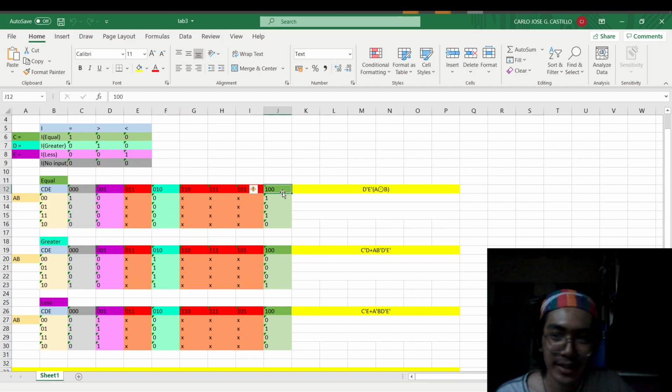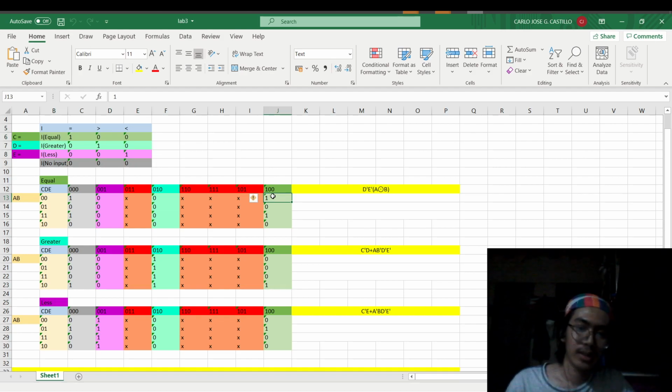And then for the lime green right here, or the green, where the output from the previous comparator states that the previous one is equal, then we proceed to our logic.